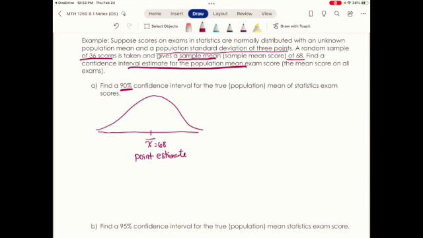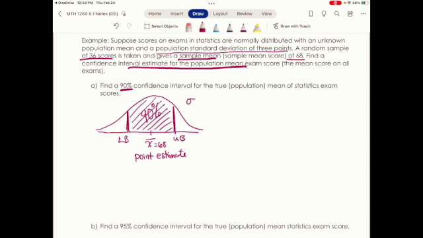Now, we also know that we need to have a 90% confidence interval. So we want to come out in such a way that 90% is under the graph between those two values. So I'll call these the lower bound and upper bound for our confidence interval. So that's what we need to find.